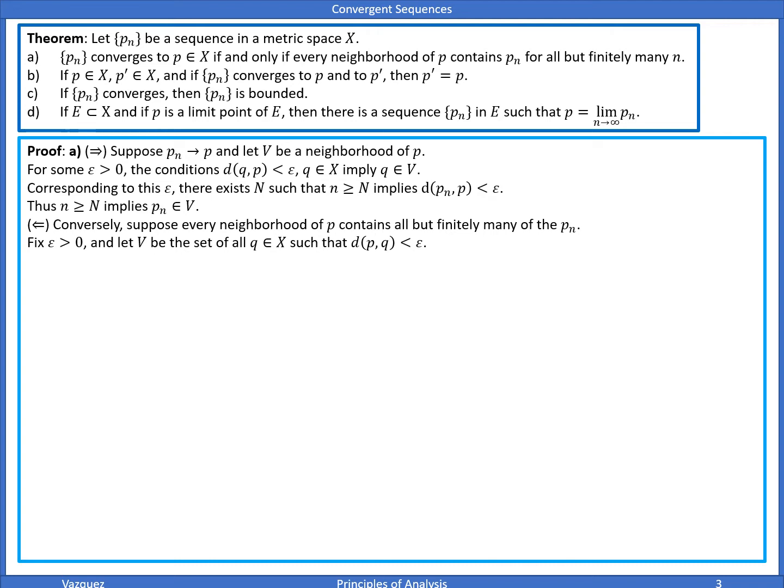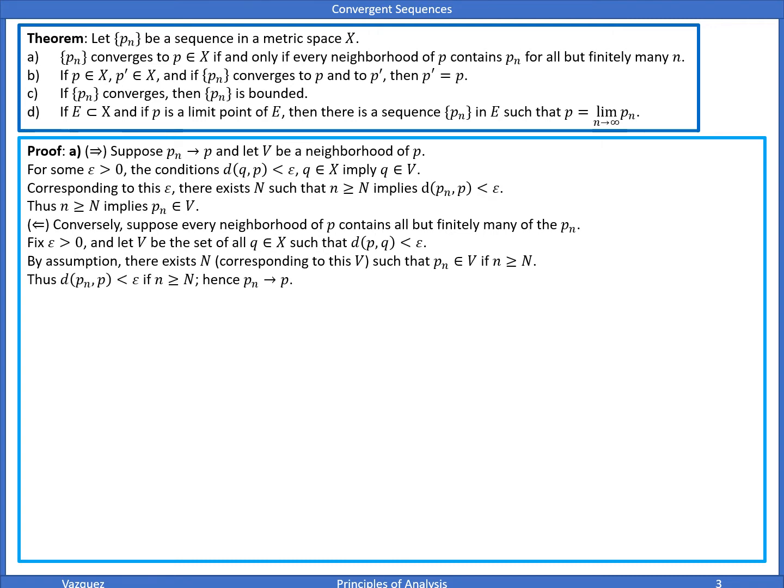So basically, V is a set of points that are within epsilon distance of P. So by assumption, there exists an N corresponding to this V such that P sub n is in V after n is greater than or equal to N. Therefore, the distance between all those points P sub n and P is within epsilon. Therefore, P sub n converges to P.